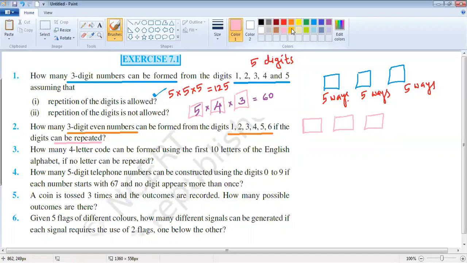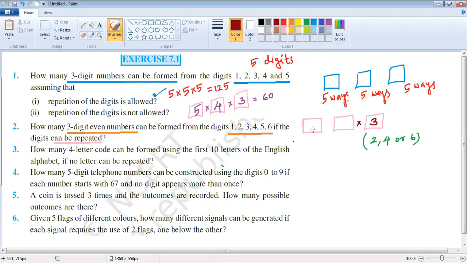Even number means the last position should be either 2, 4 or 6, because we are supposed to use the digits 1, 2, 3, 4, 5, 6, but it should be an even number. So the last digit, or the unit digit, can be possible in 3 ways.